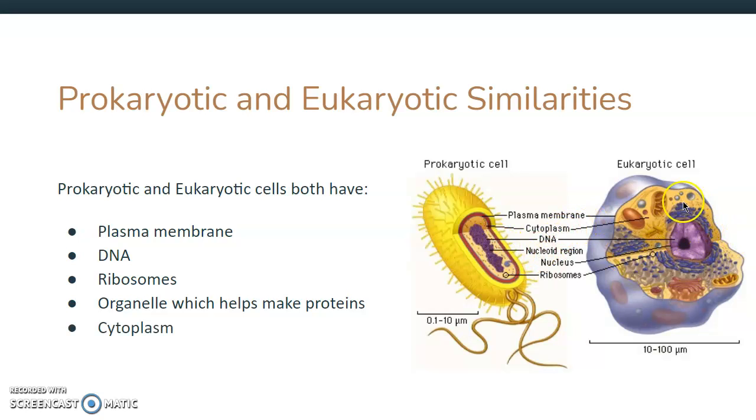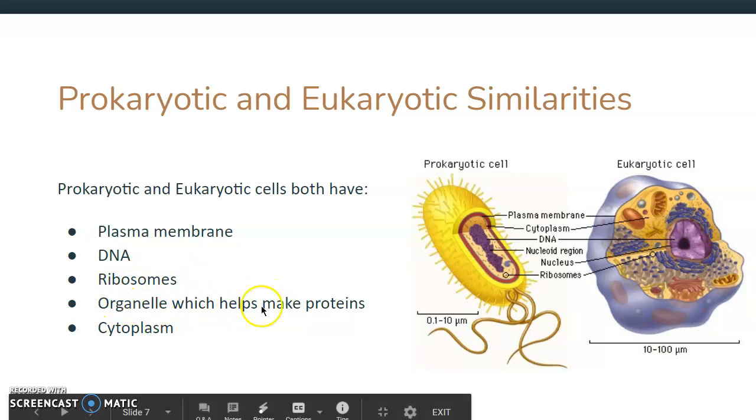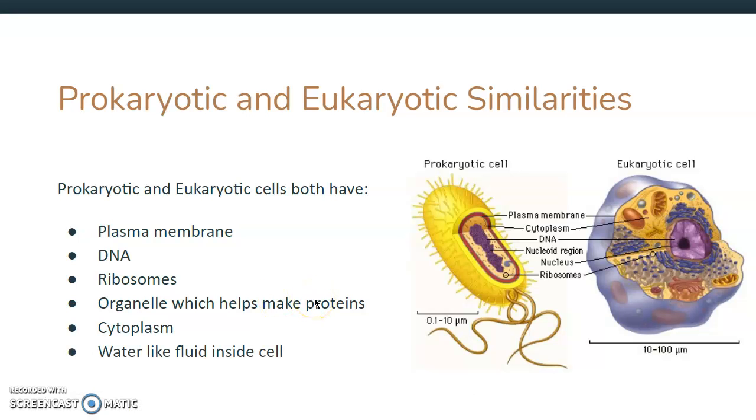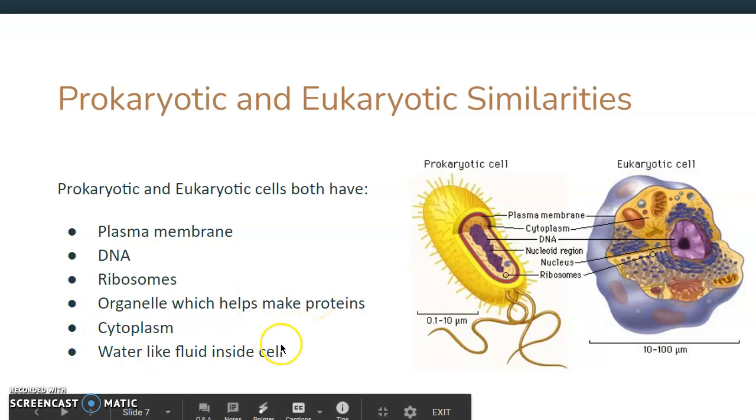Our eukaryotic cell keeps its DNA enclosed in the nucleus, while our prokaryotic cell has its DNA right in the middle. And then we also have ribosomes, which are the parts of the cell that help make proteins.